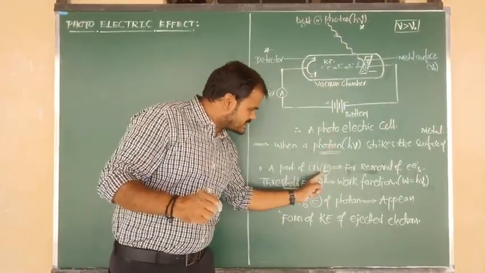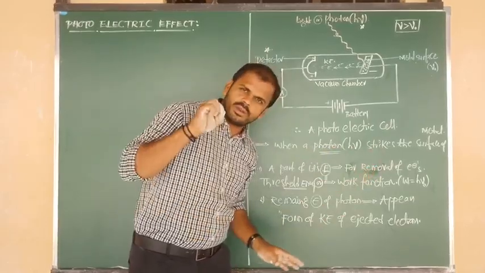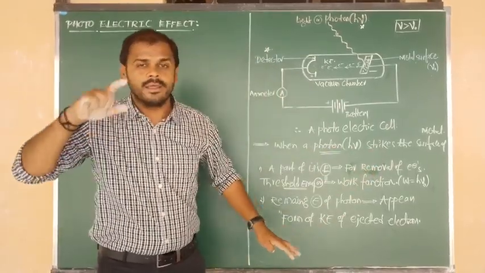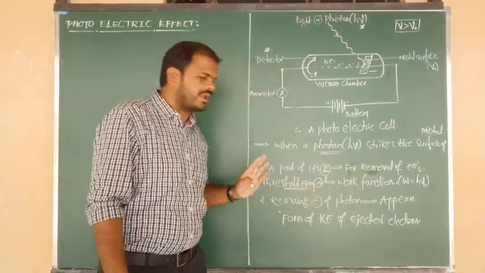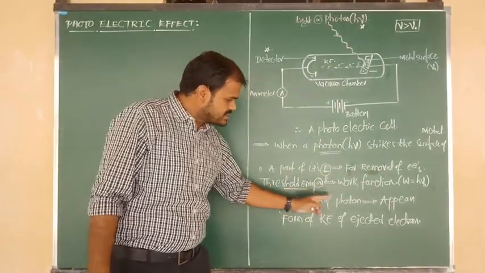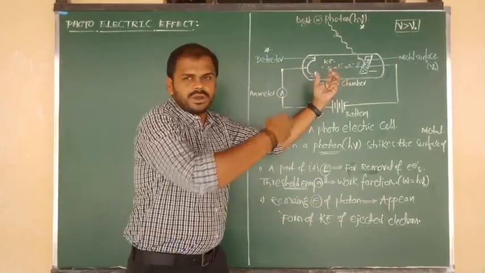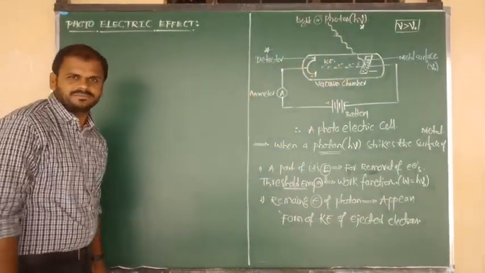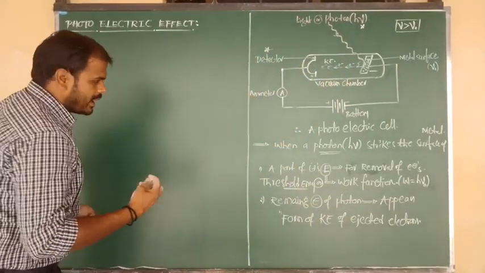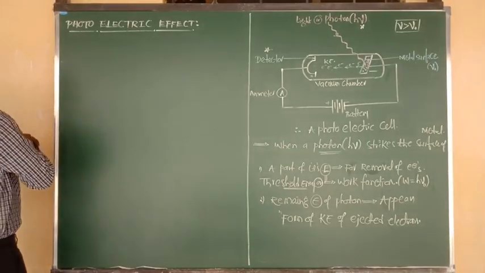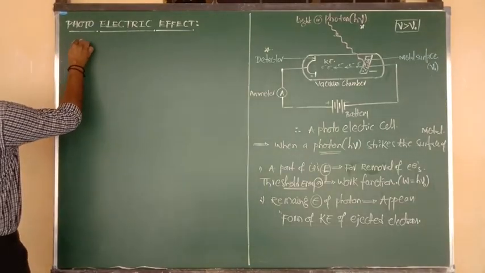A small part of its energy we are utilizing for the removal of electron from where? Metal. So that is called work function or threshold energy. And the remaining energy of the photon is released in the form of kinetic energy of the ejected electrons.